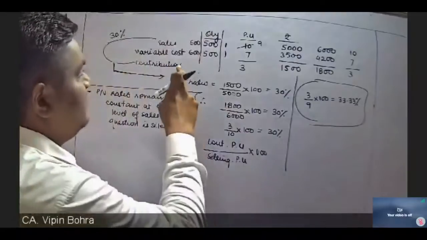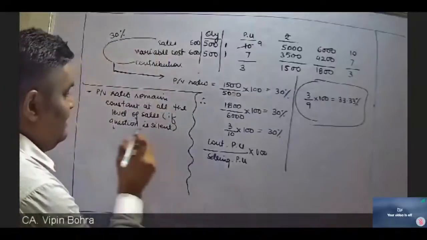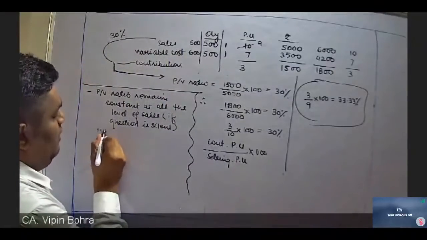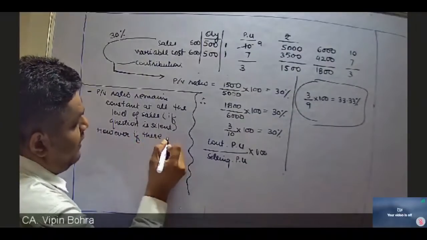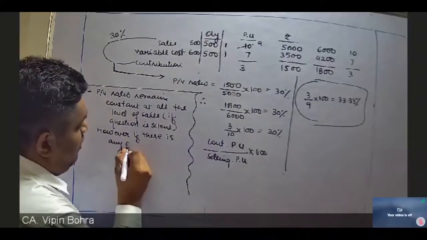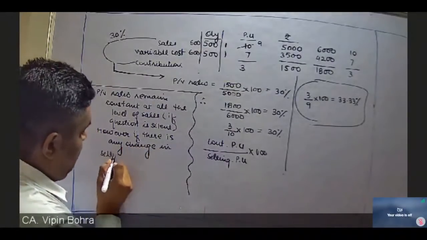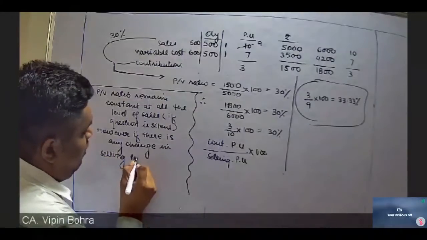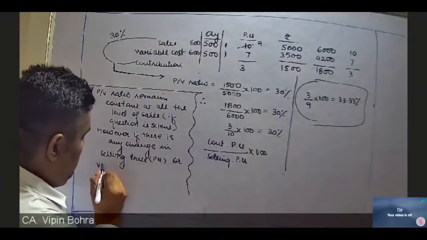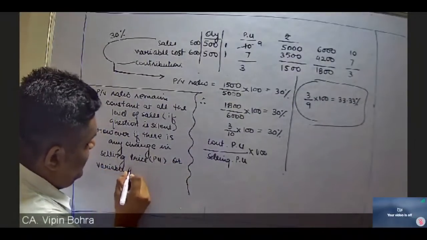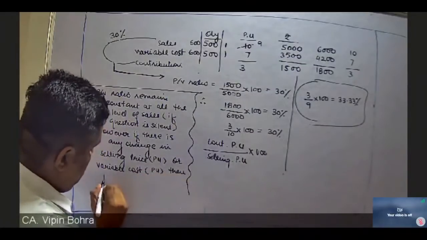The relationship between contribution and sales will never change. But yes, however, if there is any change in selling price per unit or variable cost per unit, then the PV ratio will change.